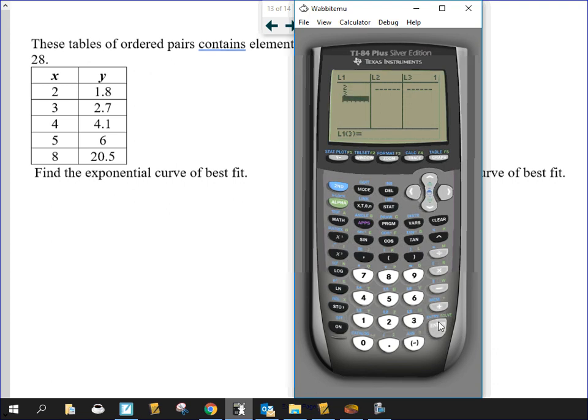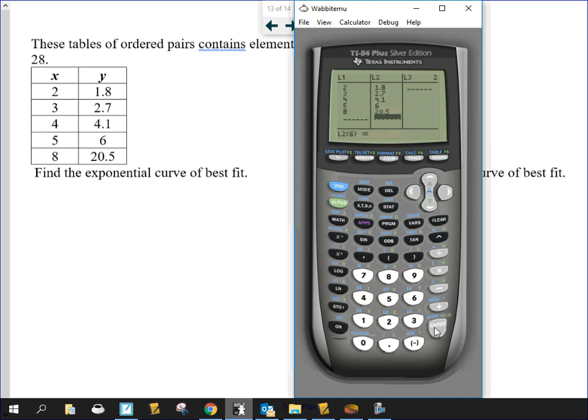And we just put the data in. 2, 3, 4, 5, 8. When we put the corresponding 1.8, 2.7, 4.1, 6, 20.5.